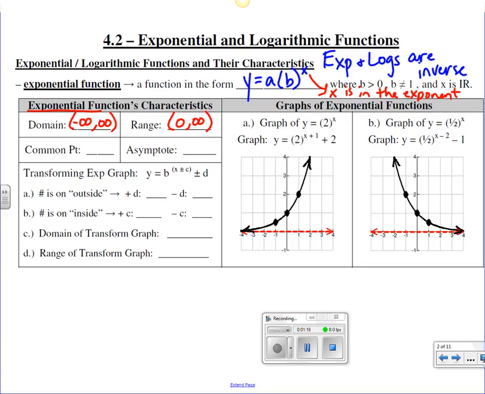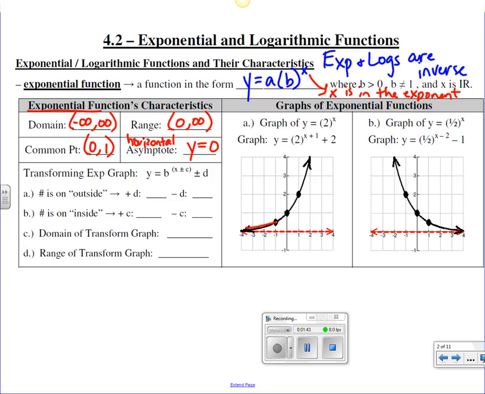The common point is 0, 1, and there's a horizontal asymptote, so that's a line that it doesn't cross through, at y equals 0. So right here is an example of an exponential function.